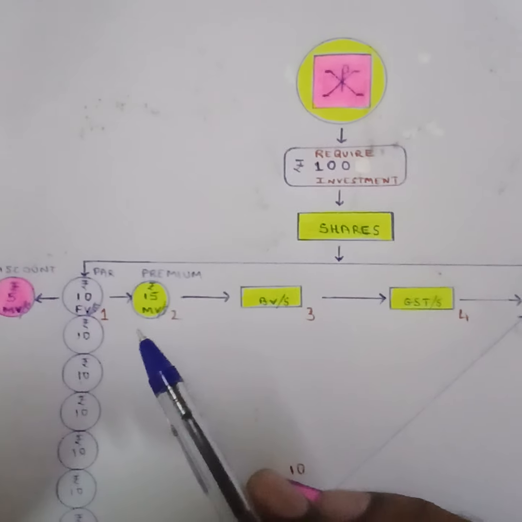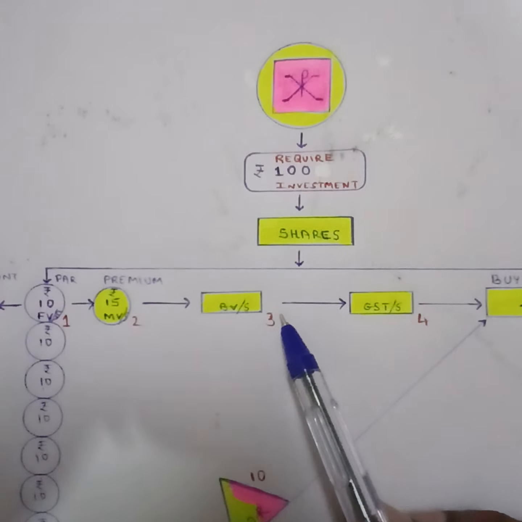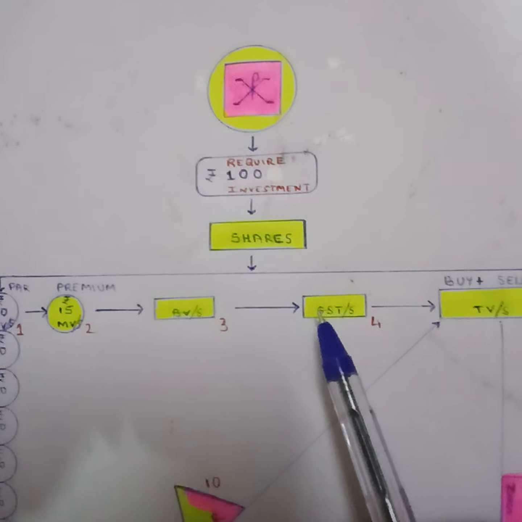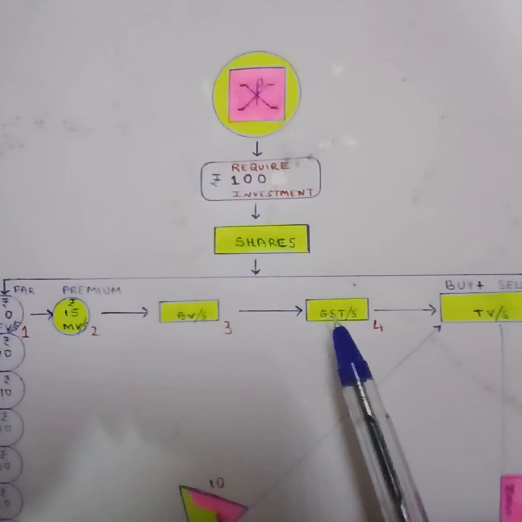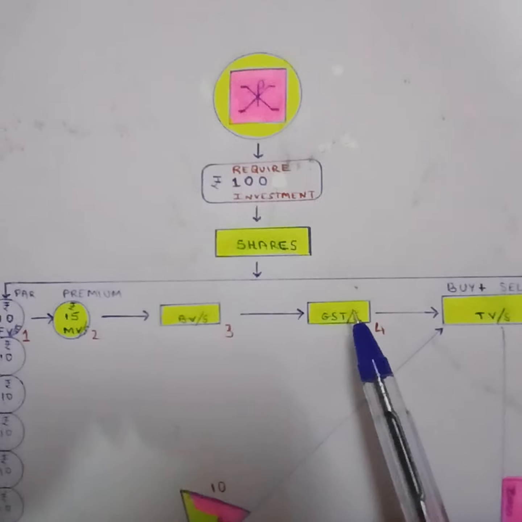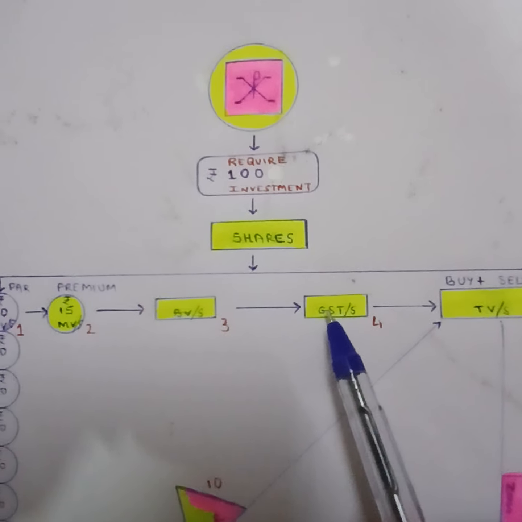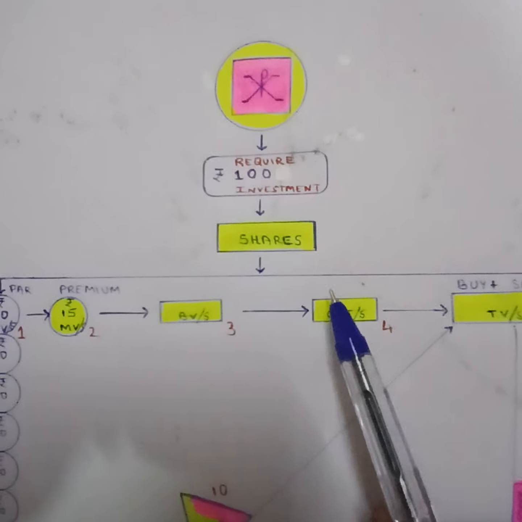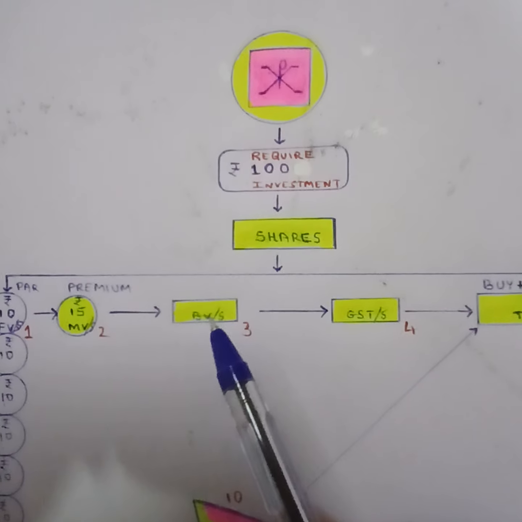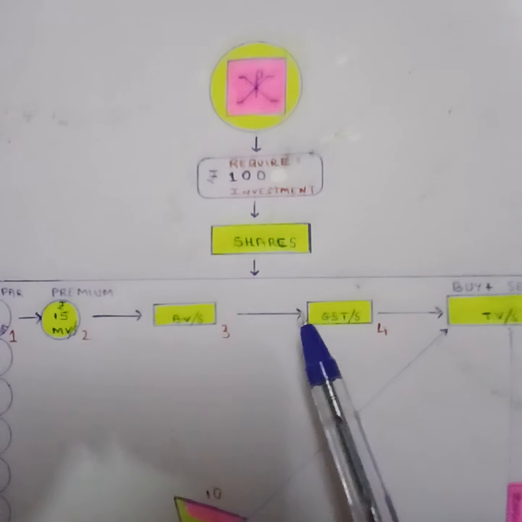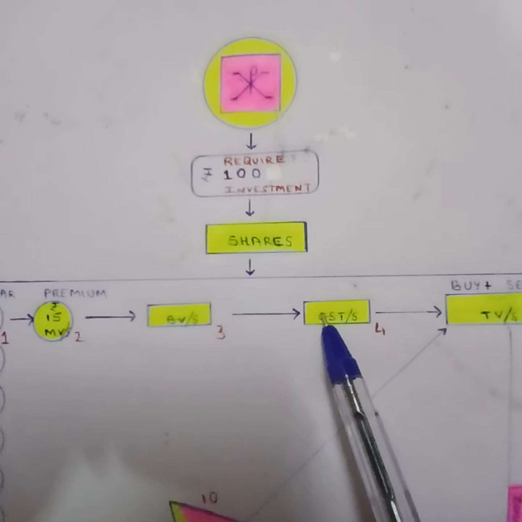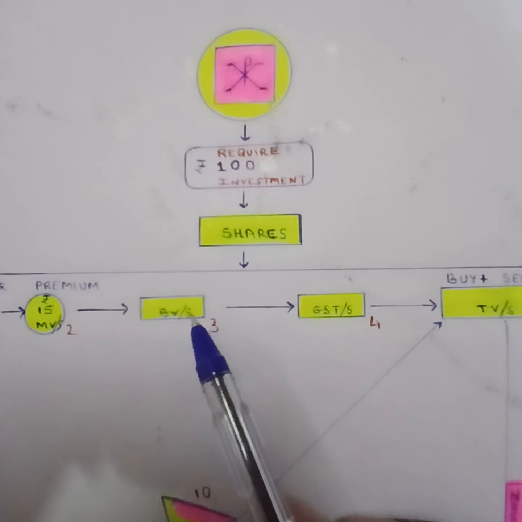Now in this trade, the government asks for its share, that is called goods and service tax for each share. GST is levied on brokerage per share, so that can be Y% of brokerage value per share.